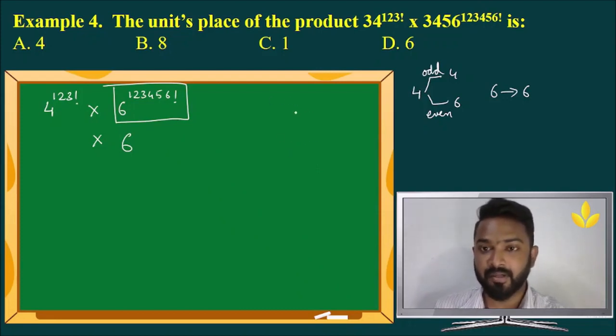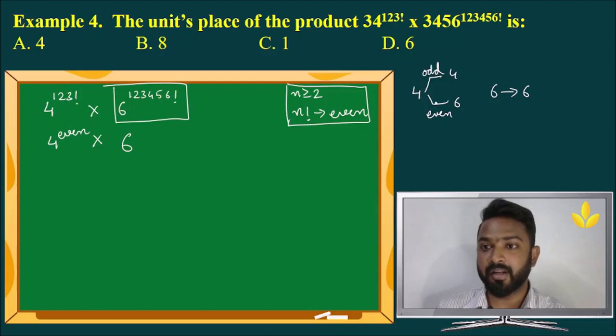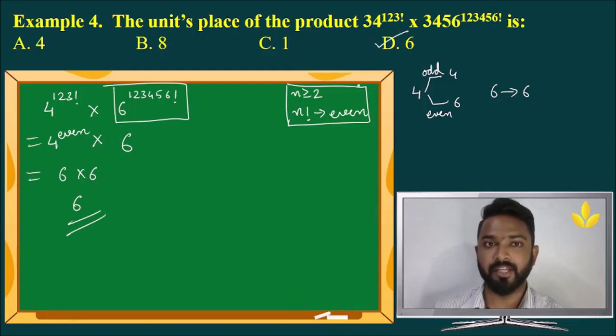Alright, so remember n factorial is even when n is greater than or equal to 2. So 123 factorial again is an even number, 4 to the power even number is 6, into 6, that again is 6. That is the answer, D.